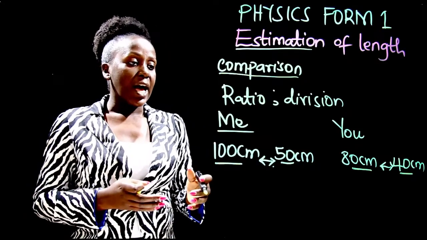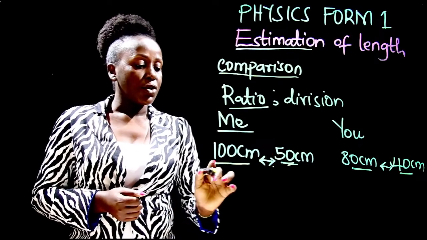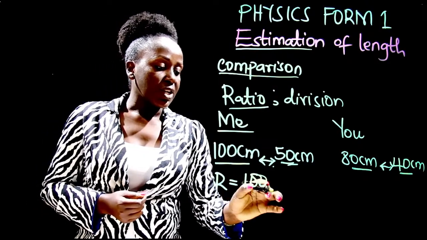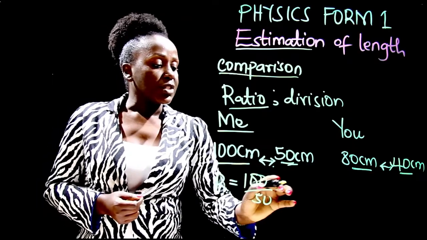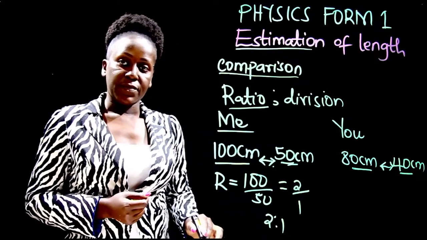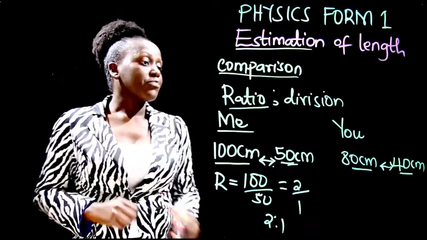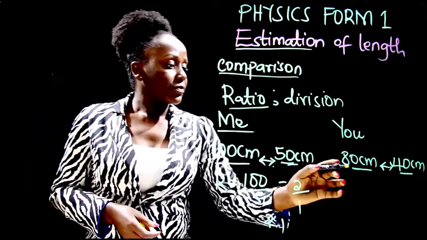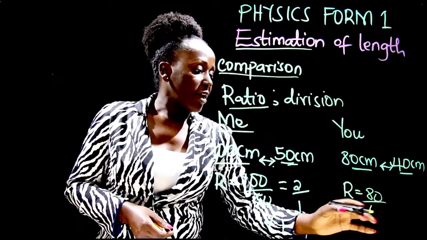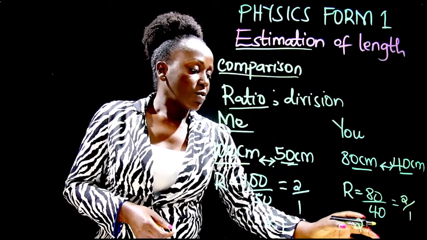So what is happening here is that the ratio of my height to my shadow will be 100 divided by 50, which is equal to 2 over 1, which is the same as 2:1. Remember, ratio and fractions and division go together. Now, for your case, your ratio will be equal to 80 divided by 40, which is equal to 2 over 1. So this is 2:1.